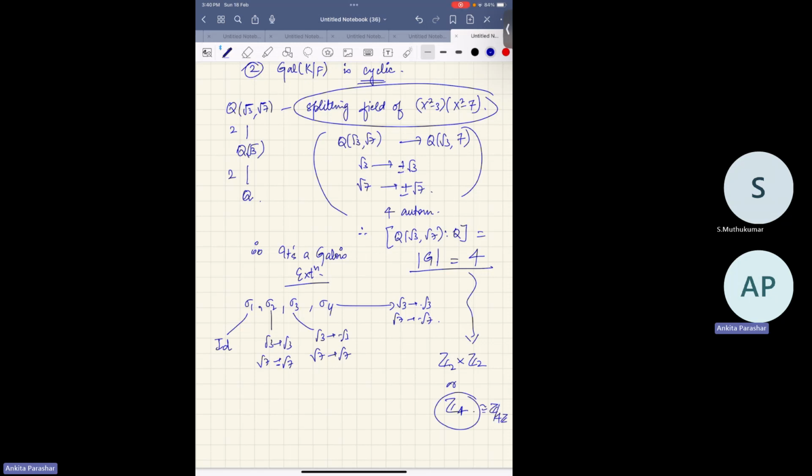But if you see our group is sigma 1, sigma 2, sigma 3, sigma 4. What are the orders? This is order 1. They all are order 2, exactly. So what do you say? The group is Z2 cross Z2, right? So is it a cyclic group?